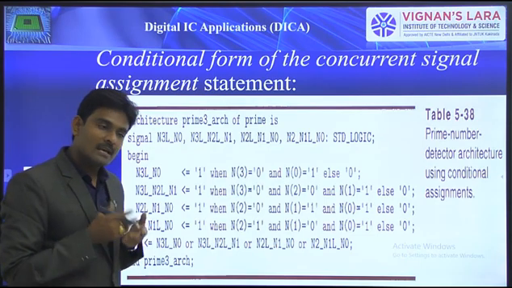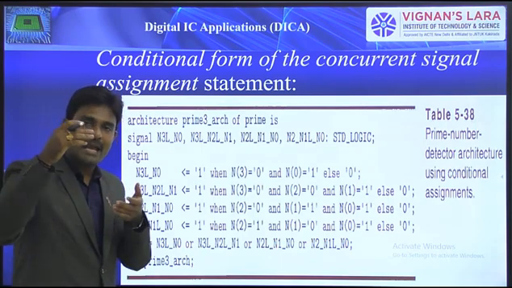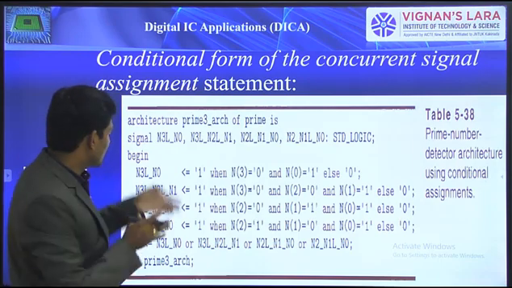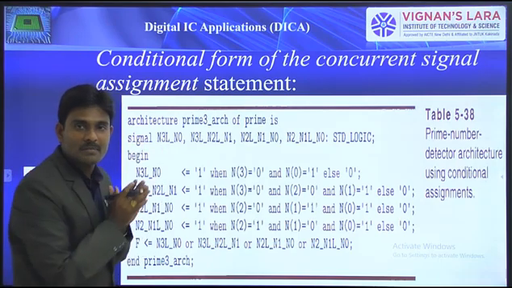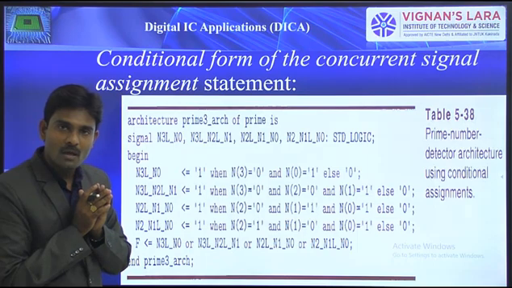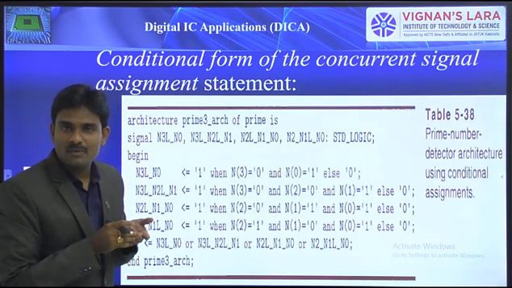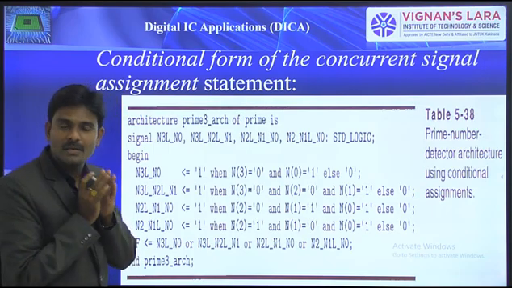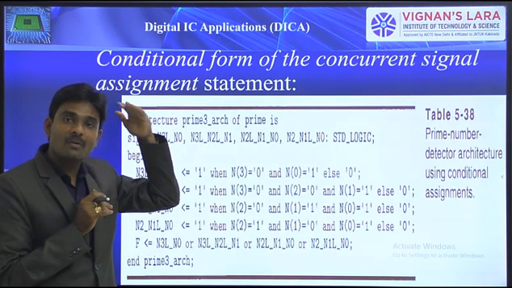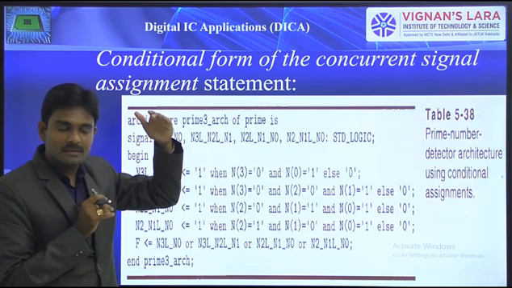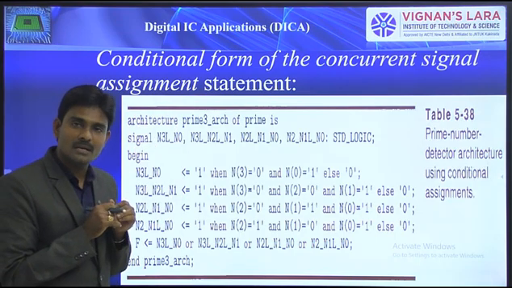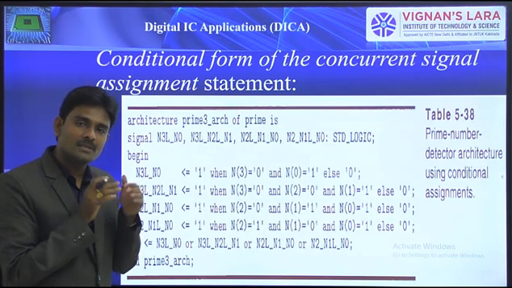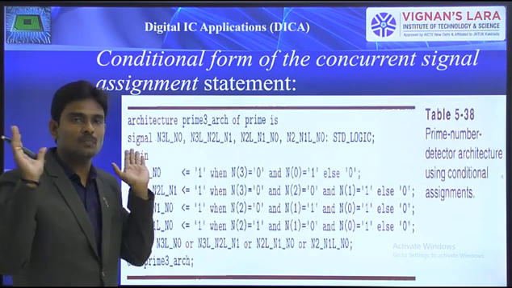If that is the case, I would have to start with the library, package, then the entity declaration part, and after that the architecture definition. But here I straightforwardly mentioned only the architecture, because whatever description style we consider, all of them differ only with respect to the architecture. The representation is library IEEE, then the package std_logic_1164, then the entity declaration. Entity declaration means within it we describe only inputs and outputs, that's it.